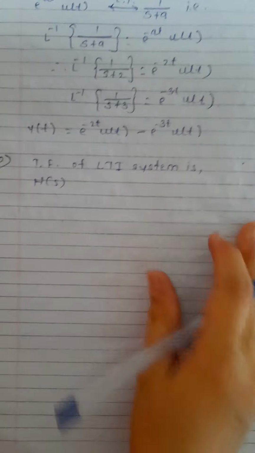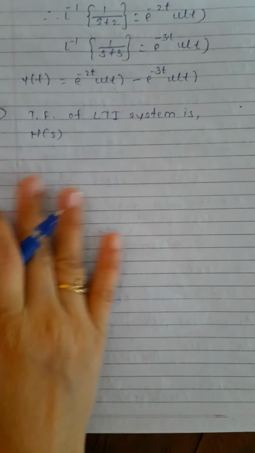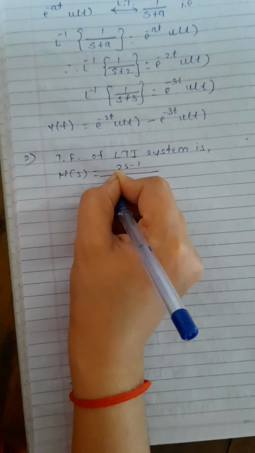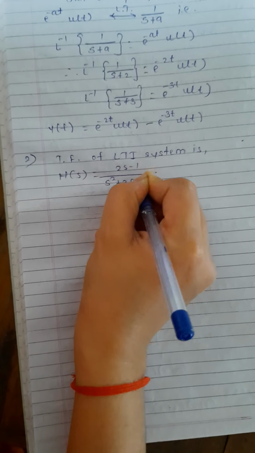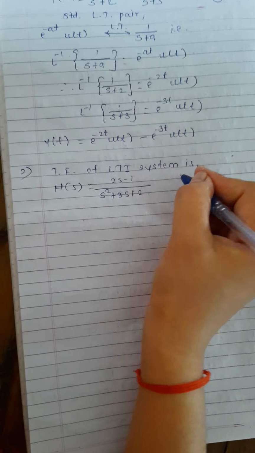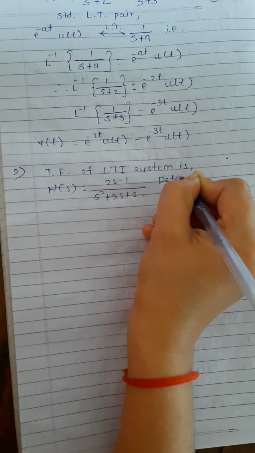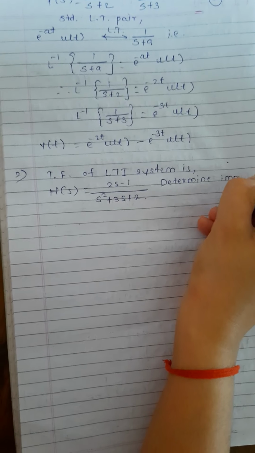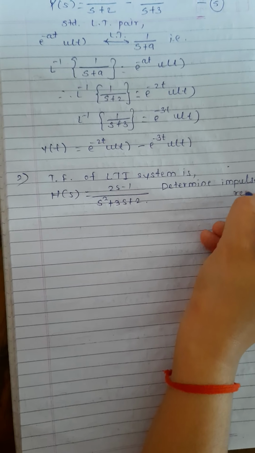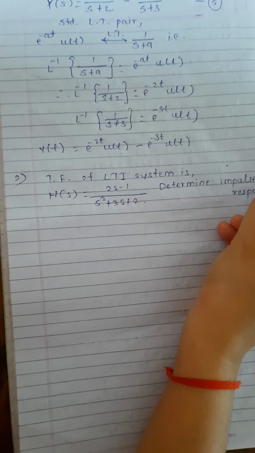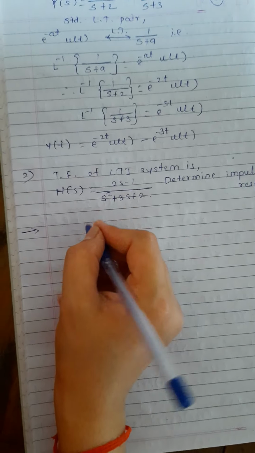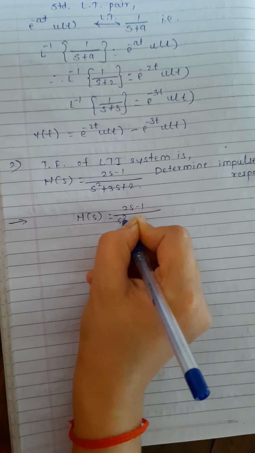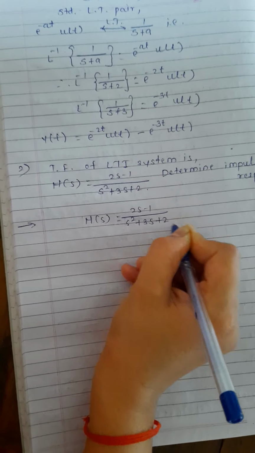So the transfer function of LTI system, that is linear time invariant system, is H(s) equal to 2s minus 1 divided by s square plus 3s plus 2. So determine impulse response. So what is given? H(s) is 2s minus 1 divided by s square plus 3s plus 2.